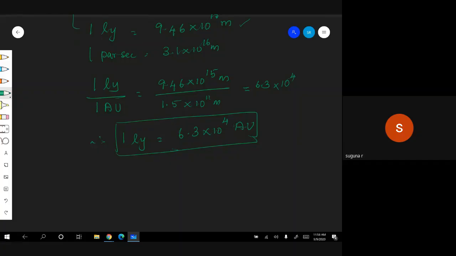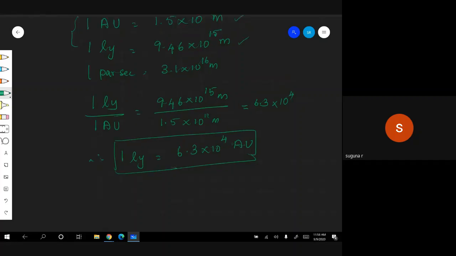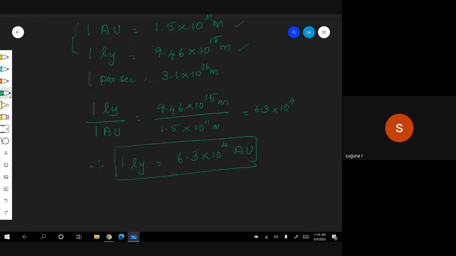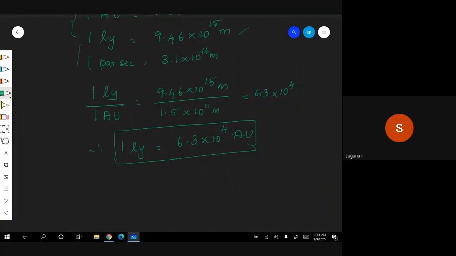Now, let us go for parsec and light year. Let us see how parsec and light year are related. Parsec is the bigger one, correct? Therefore, let me take 1 parsec divided by 1 light year, that is equal to 3.1 into 10 power 16 meter divided by 9.46 into 10 power 15 meter.